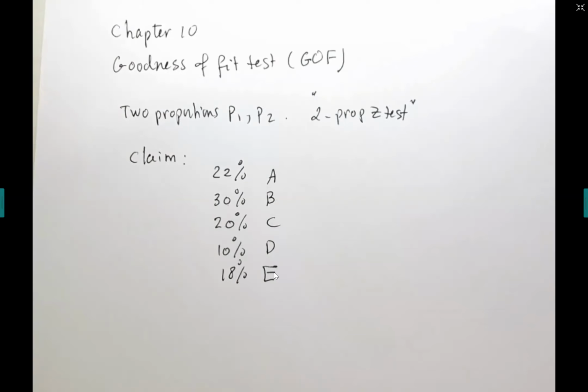If I want to test this teacher's claim, whether it is valid or not, I cannot use any of the tools that we already learned. The best tool I have is from chapter 8, which would allow me to compare two proportions, but here I have 5 proportions.